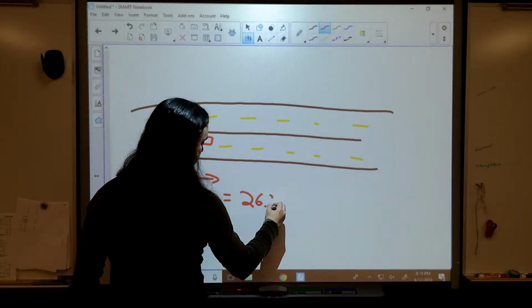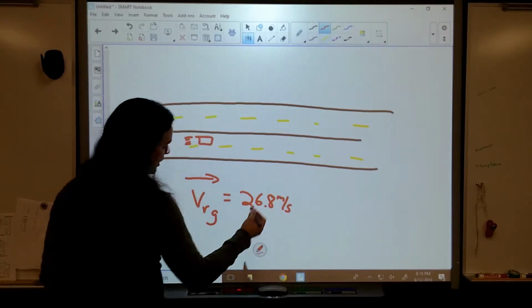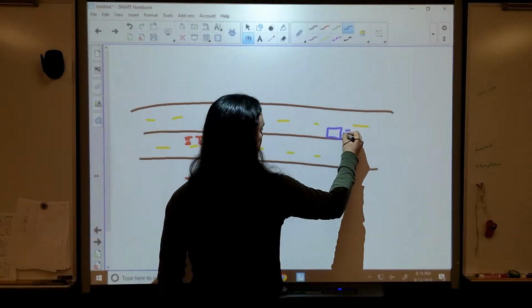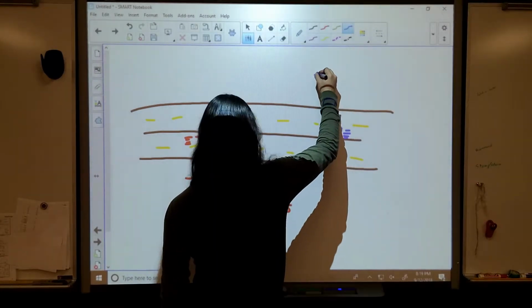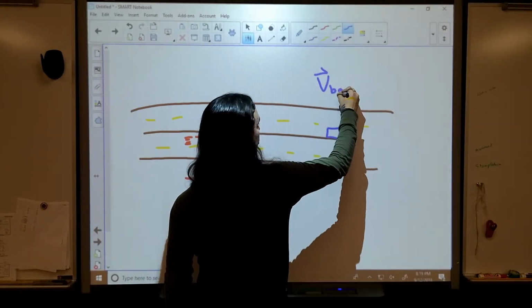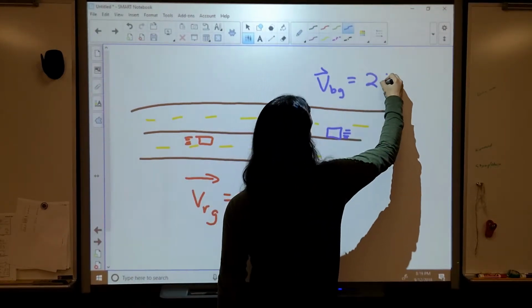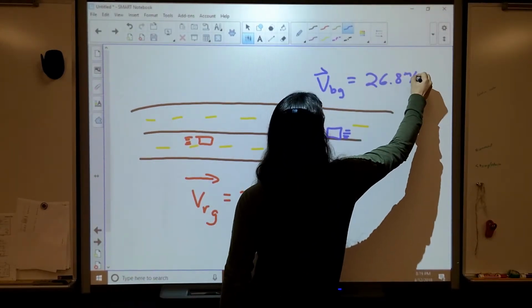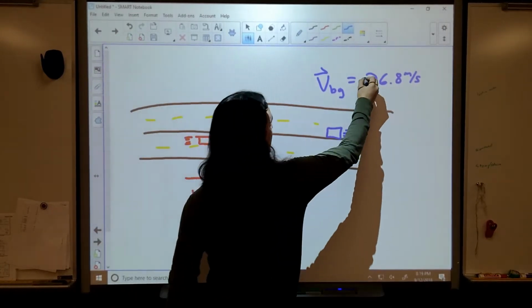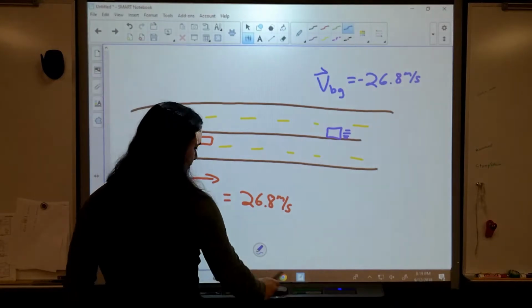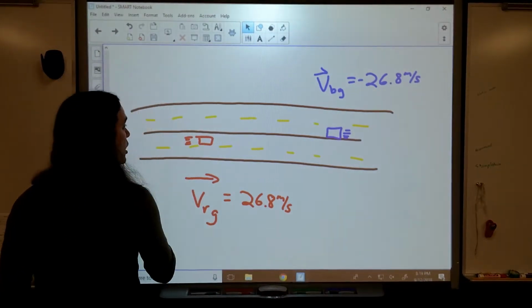We're going to say that it's 26.8 meters per second. It's about 60 miles per hour. Let's say that we've got a blue car on the other side of the median going the opposite way. So I'm going to do velocity of the blue car with respect to the ground equals 26.8 meters per second. I suppose I should actually do negative because, since it's a velocity, it's headed that way. Great.